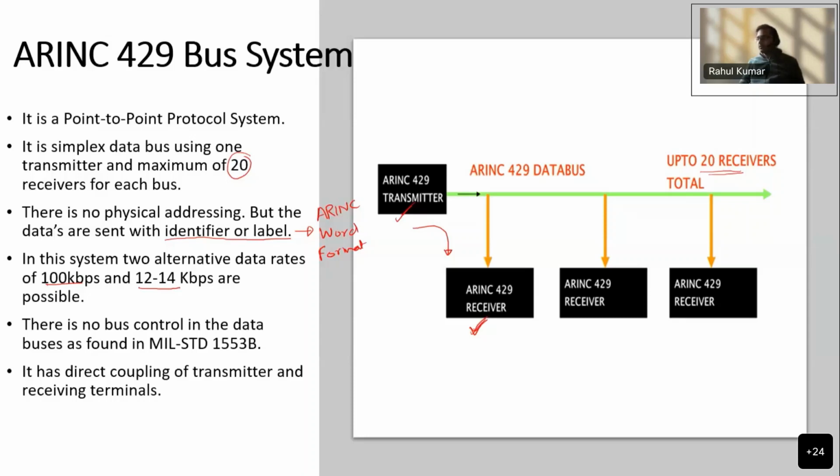So instead of having a remote terminal and a bus controller, as in the case of the 1553 bus system, there is a direct coupling between the transmitter and the receiver.